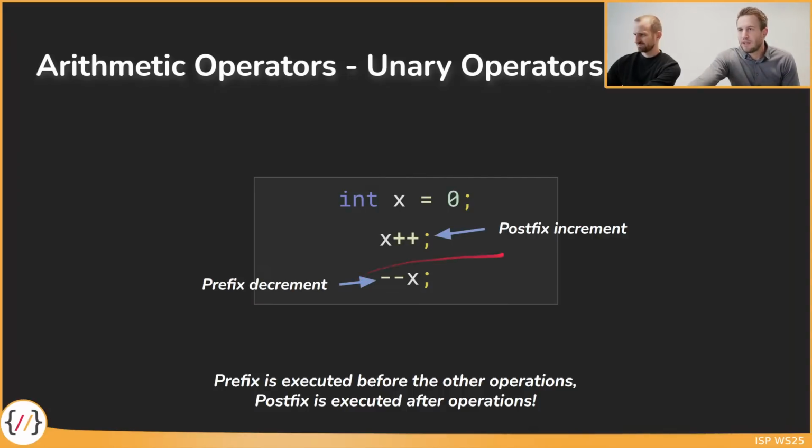And with the postfix increment or decrement, this one is executed afterwards, after all the steps that could be in these statements together. But I think you will have to deal with this stuff in the weekly exercises or later during the course.